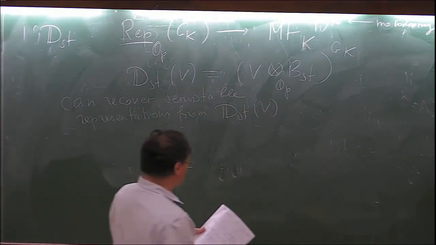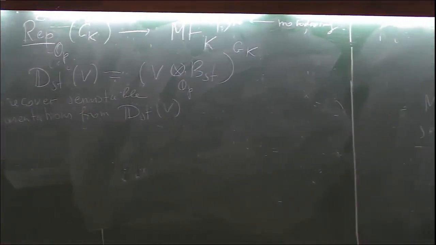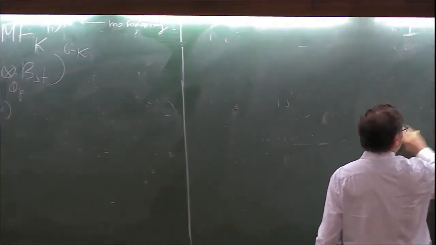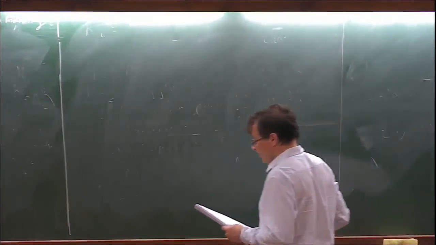Okay. So here is a general picture. What kind of representations appear in this theory and how they are related.